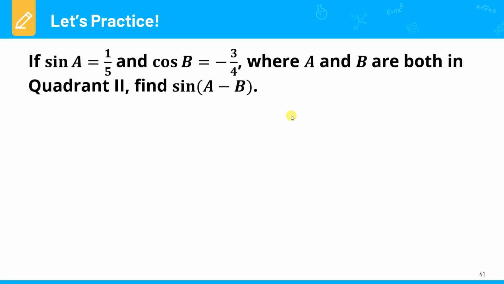Okay, so let's have another example. If sine A is equal to 1/5 and cosine B is equal to negative 3/4, where A and B are both in quadrant 2, find sine of A minus B. In this case, as we can see in the problem, both A and B are in quadrant 2.